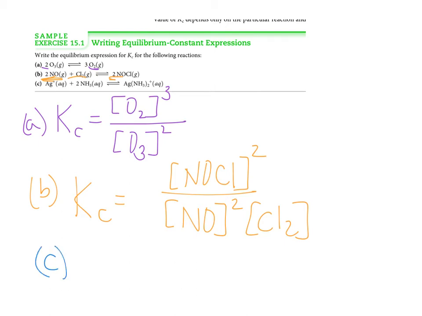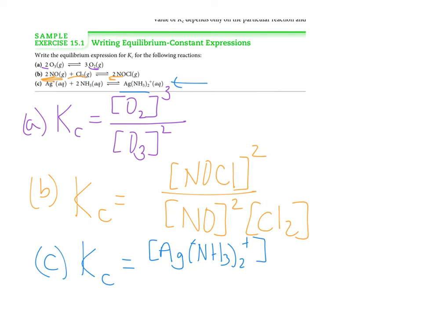The third one, we're looking at this reaction. Our equilibrium constant is going to be equal to our product, which is Ag(NH3)2 plus, this is a complex ion, so the concentration of Ag(NH3)2 plus, close brackets for the concentration.